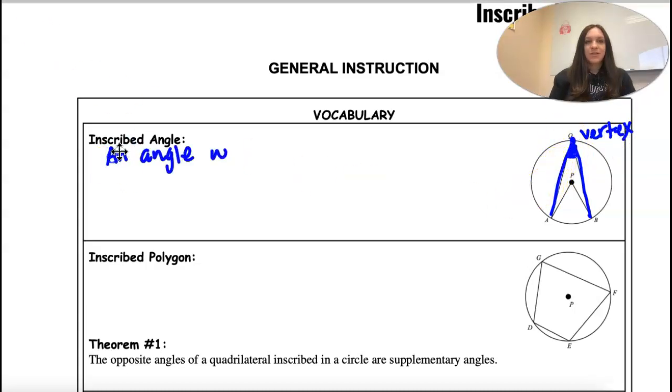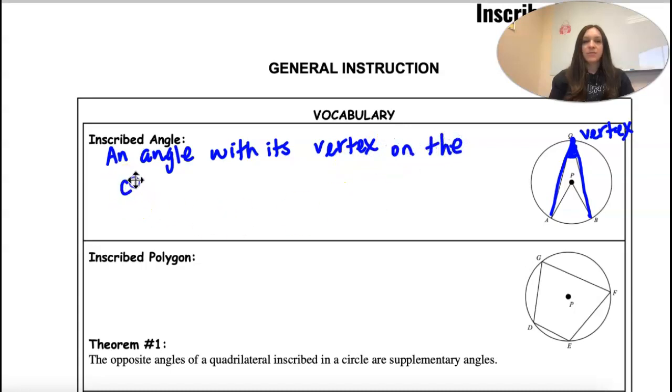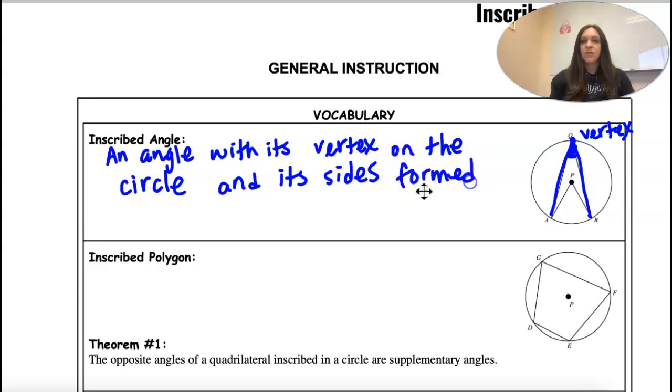So our definition here is an angle with its vertex, that's this point, on the circle, and its sides formed by two chords. So right here, this is a chord, and this is a chord. And that makes what we call an inscribed angle.